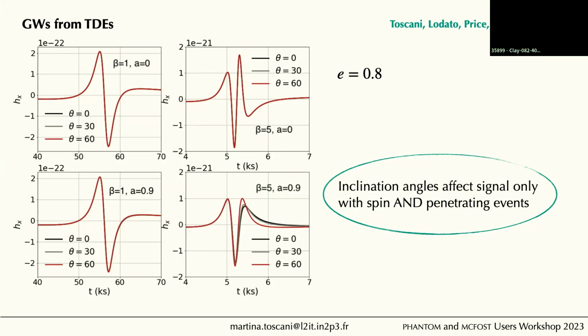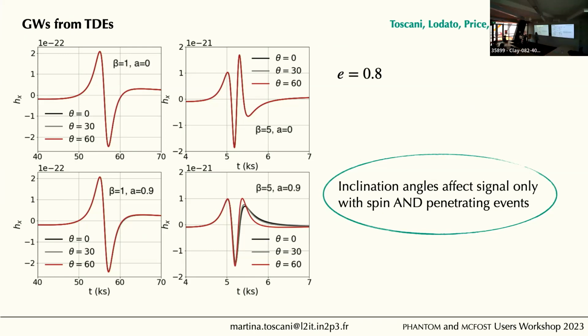And if we consider the left column, beta is equal to 1, where beta is a dimensionless parameter called the penetration factor that quantifies how close the star is to the black hole. So beta equal 1 means that the pericenter of the star is equal to the tidal radius, that is the maximum distance from the black hole to have a TDE. Beta higher than 1 means that the star is going closer to the black hole. In the right column, beta is equal to 5.